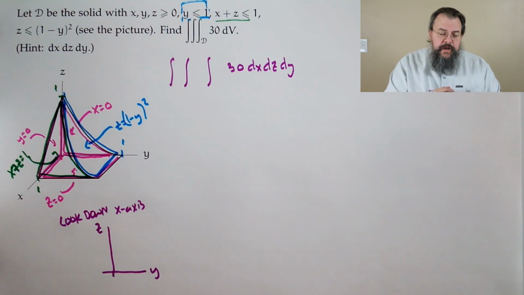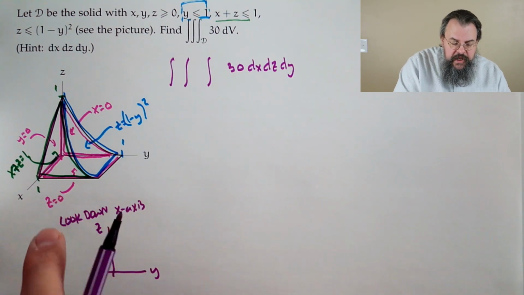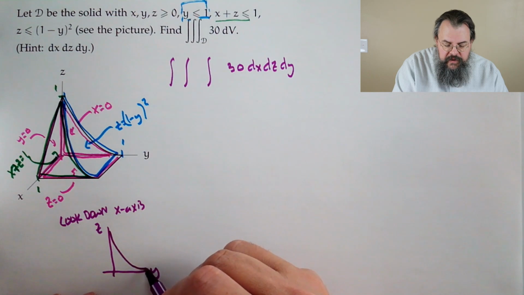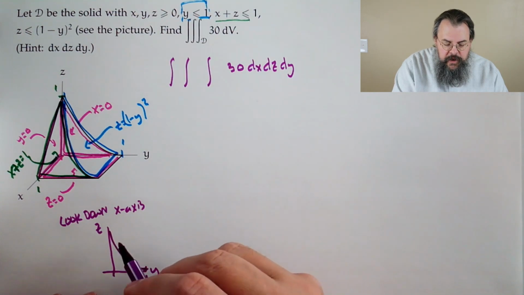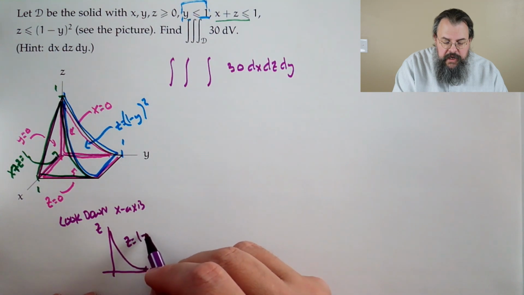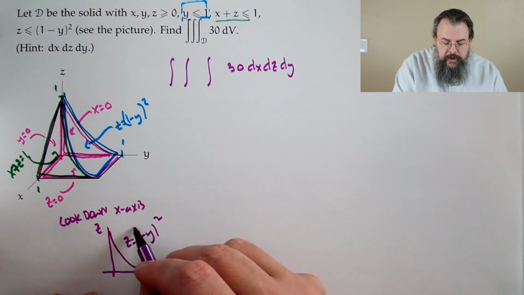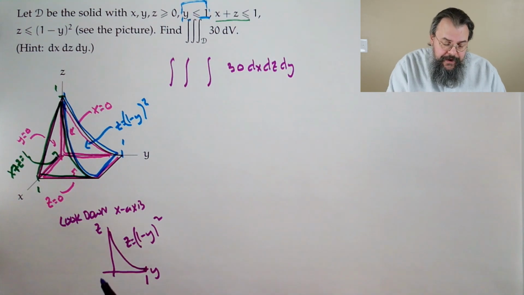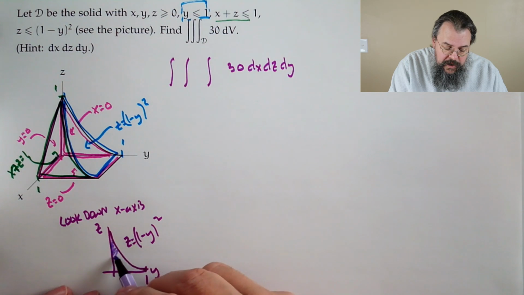And not only will we see the y-z plane, we're going to see this parabola piece that was showing up, where here's 1, and here's this curve z equals 1 minus y squared. Okay, so good. We now have our region.